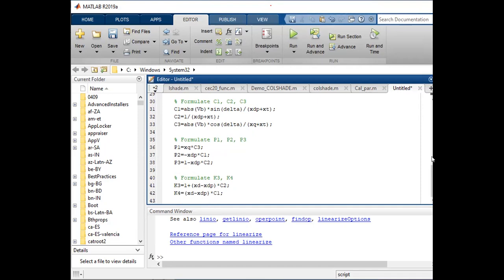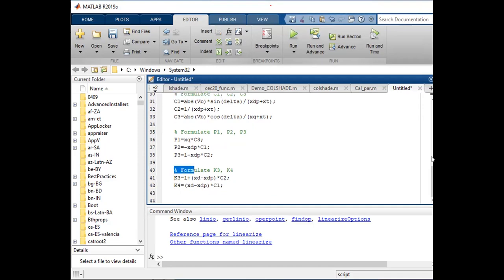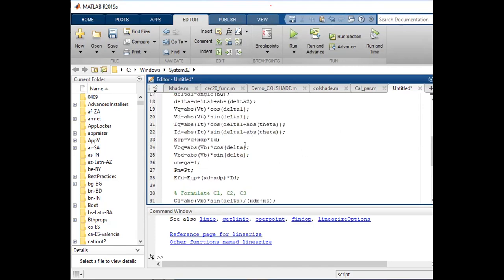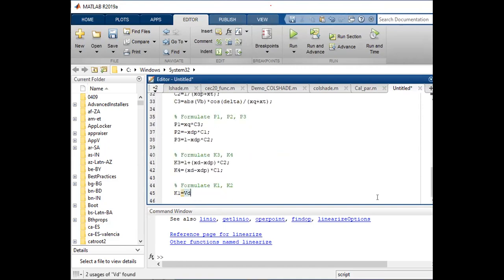Okay. Now about K1 and K2. If we go for K1 and K2, K1 would be, if we use VD and VQ, VD C1 plus ID P1 plus VQ C3 plus IQ P2.